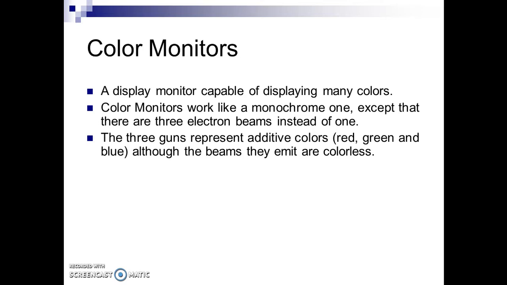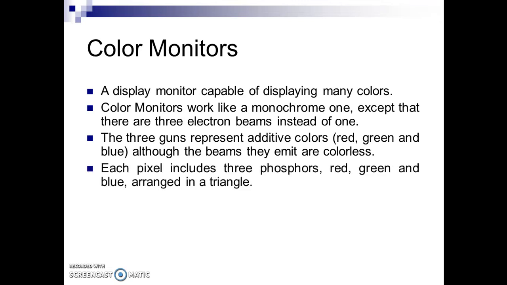So the three electron guns, each one has its own color, and we can add those together. So we have one red beam, one green beam, one blue beam, and it's worth noting that those beams aren't colored, they just hit a specific phosphor dot on the screen.